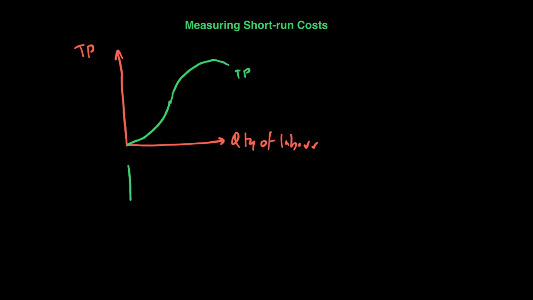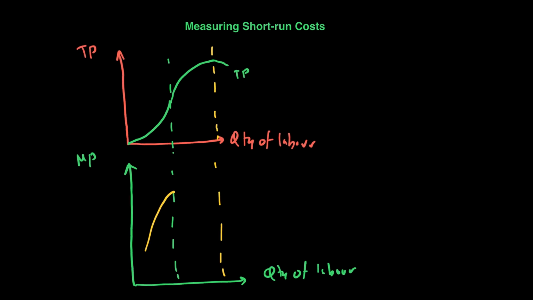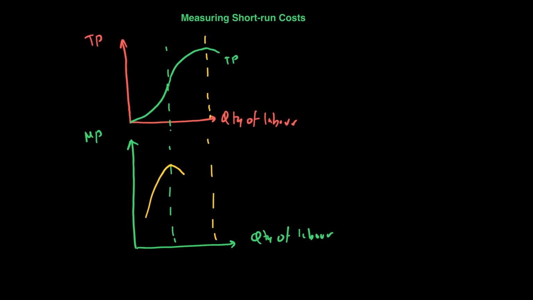On the other hand, MP looks like this. When you have the same quantity of labor here, and you have MP here, initially, when TP is rising at a faster rate, MP is rising. But then TP rises at a slower rate, which is where MP is falling, and then MP can become negative.